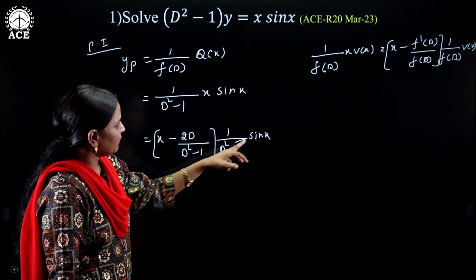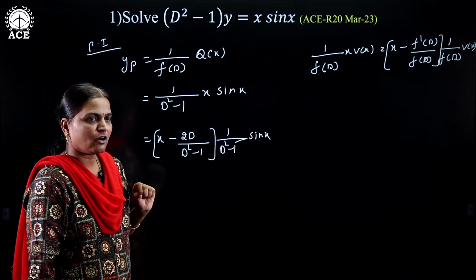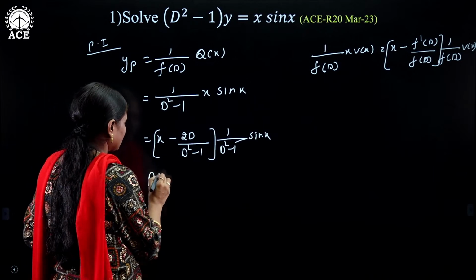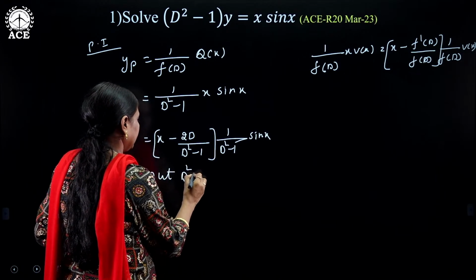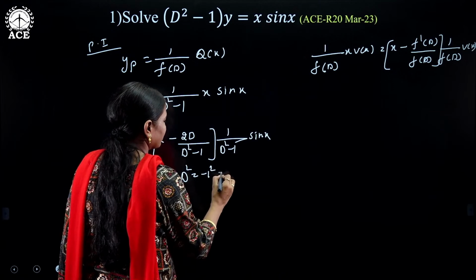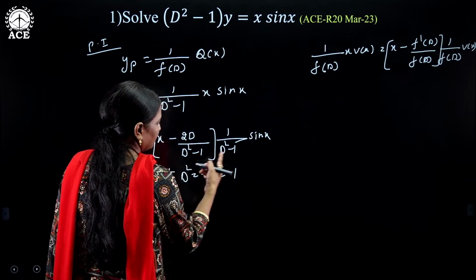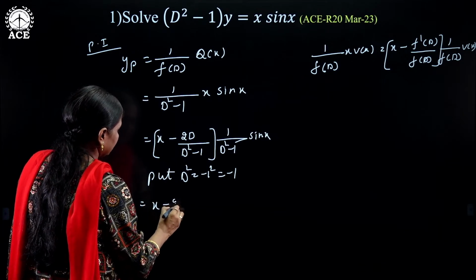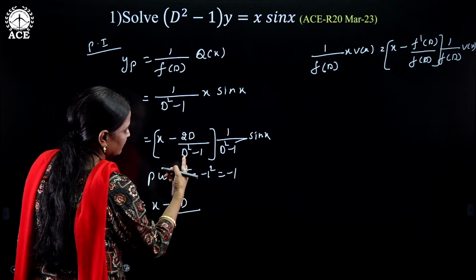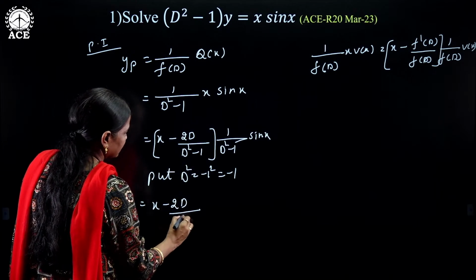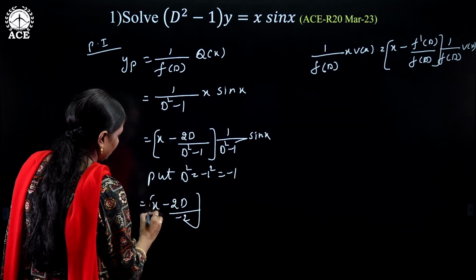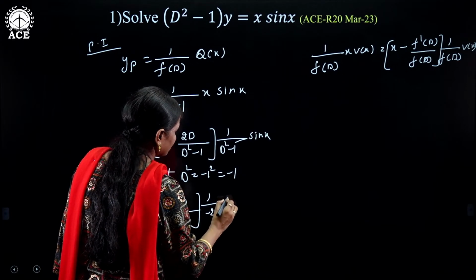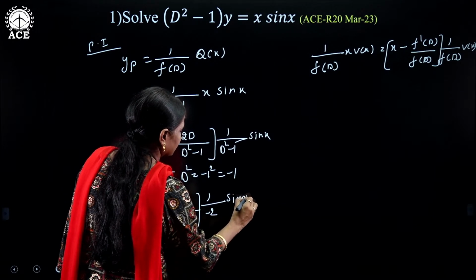So operate this one with sin x. When it is sin x or cos x, put D square is equal to minus a square. So put D square is equal to minus 1 square, that is equal to minus 1 in both the cases. So in both the terms, that is equal to x minus 2D by minus 1 minus 1, minus 2 into 1 by D square equal to minus 1 minus 2 into sin x.